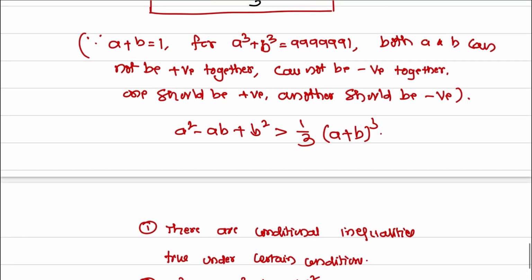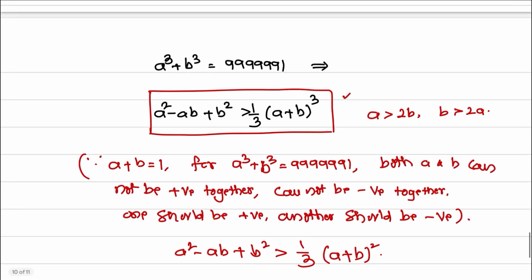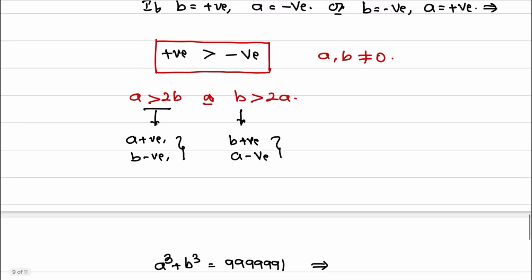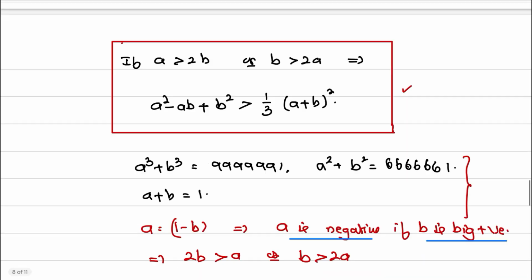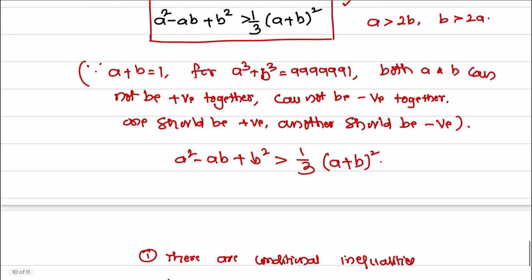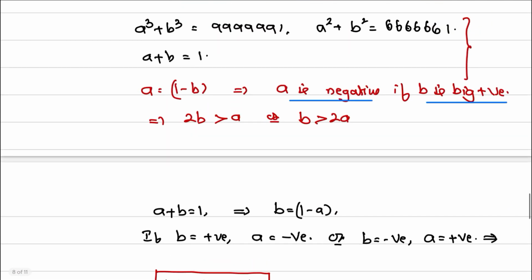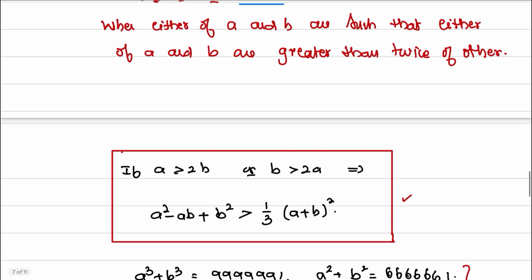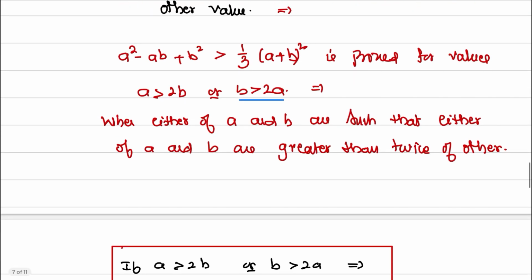It is not whole cube, it is whole square, sorry. It is valid when 2a is greater than b. What are the conditions we have got? Either a is greater than 2b or b is greater than 2a.